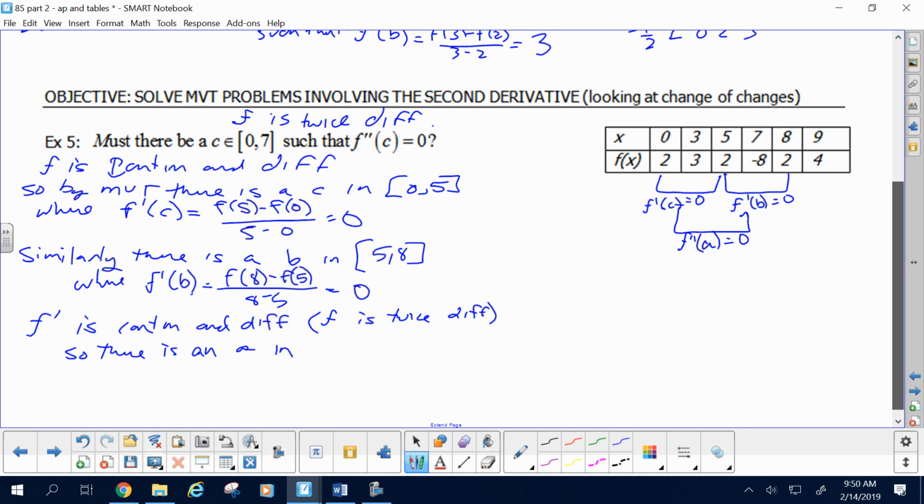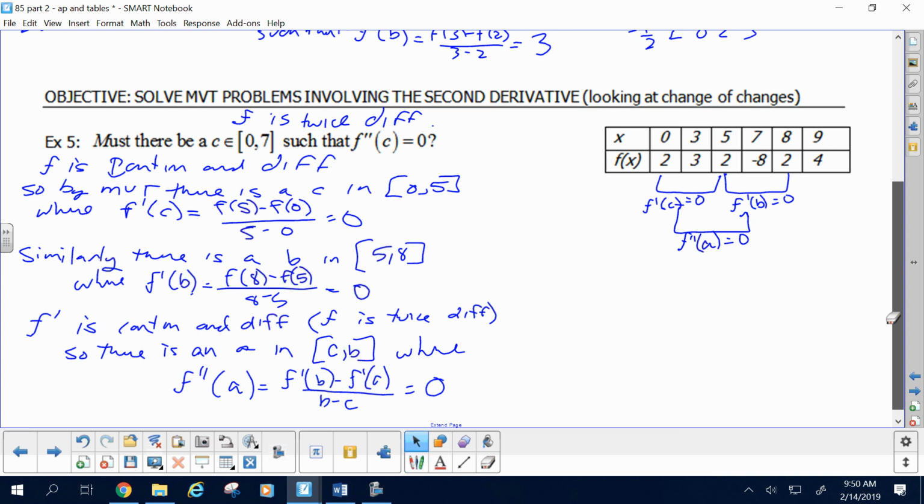There is an A in C to B where f double prime at A equals, f double prime is the change in f prime, so f prime at B minus f prime at C over B minus C, and therefore there must be a place, we call it A, where f double prime is 0, because 0 minus 0 over whatever C is.